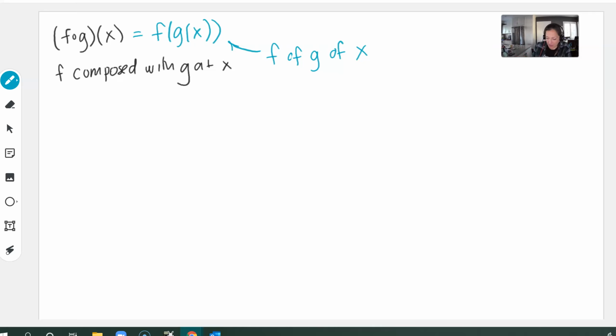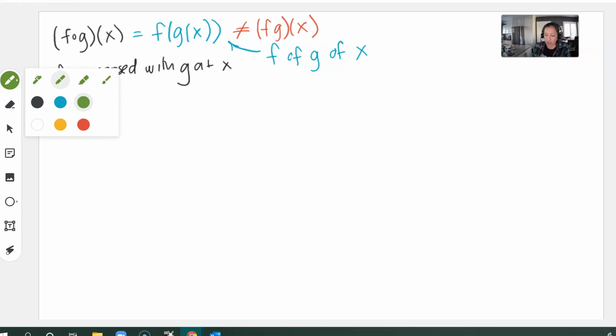This is not the same as multiplication. This is not f times g of x. It's something different entirely. By order of operations, we always deal with the innermost parentheses, so we deal with g of x first, and then move out to the f.